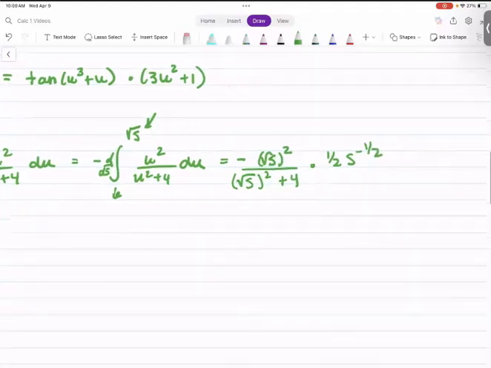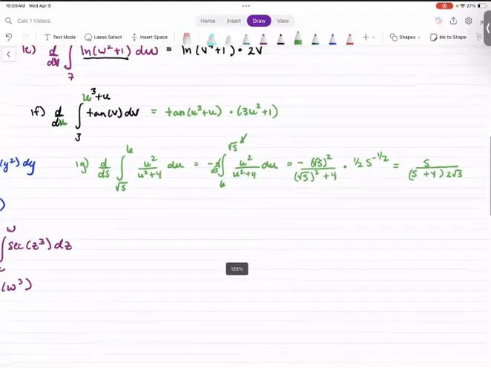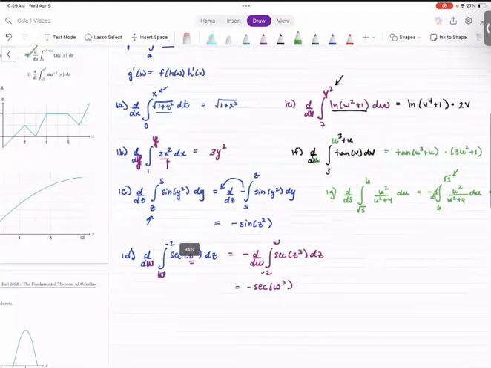If you wanted to clean it up just a little bit, you would have s on the top, s over s plus 4, and then times 2 square roots of s on the bottom. Don't simplify unless you're told to. All right, so that's 1g.